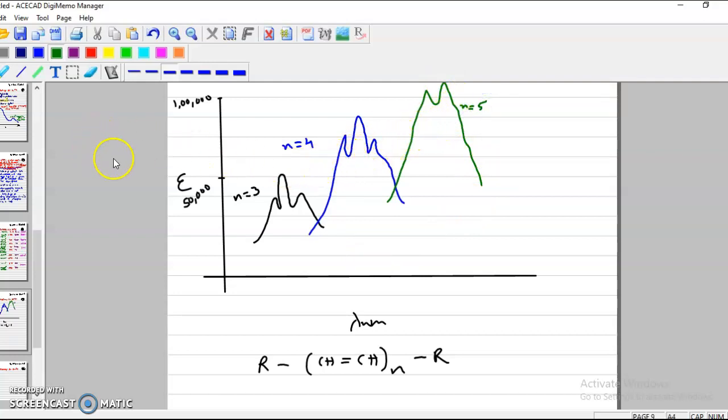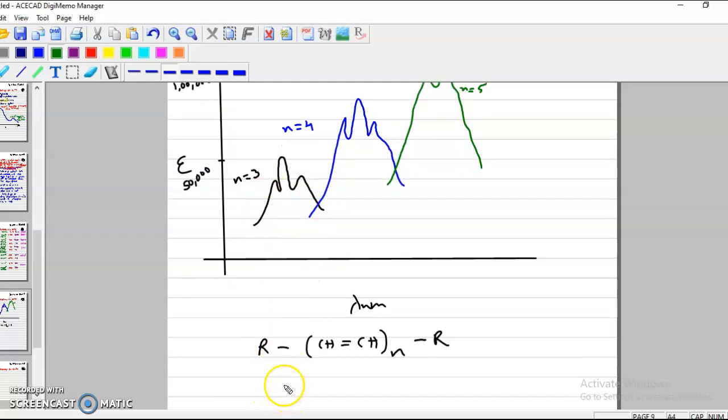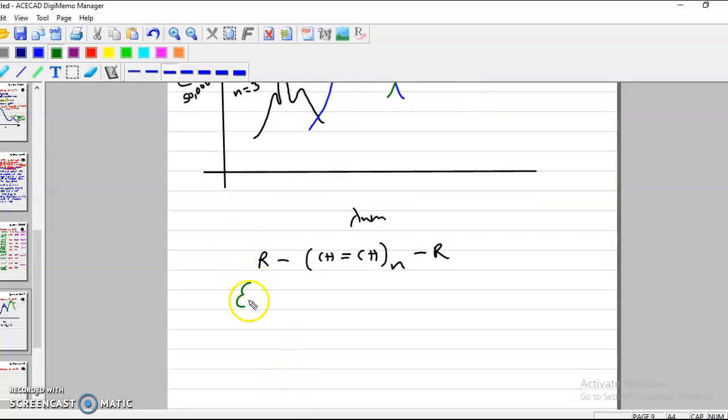So here we can see that as number of double bonds increases, then epsilon maxima also increases. So epsilon maxima depends on number of double bonds. So epsilon maxima is directly proportional to number of pi bonds.